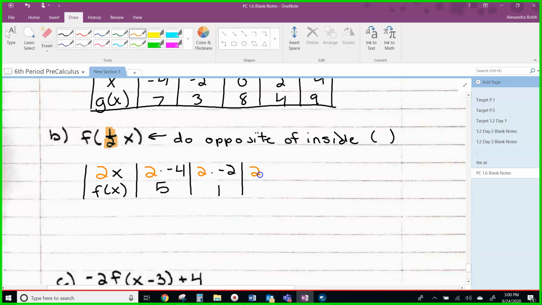I'm going to do 2 times 0. My y value stays the same. And then I'm going to do 2 times 2. My y value stays the same. I'm going to do 2 times 4. And my y value stays the same.